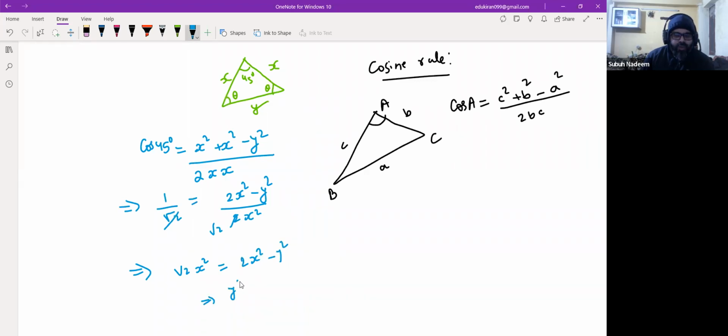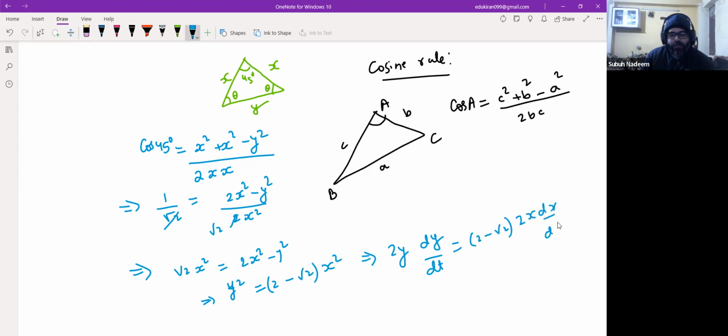So y square is equal to 2 minus root 2 times x square. Now you need to differentiate it. So 2y dy by dt is equal to 2 minus root 2 into 2x dx by dt. 2 cancels.